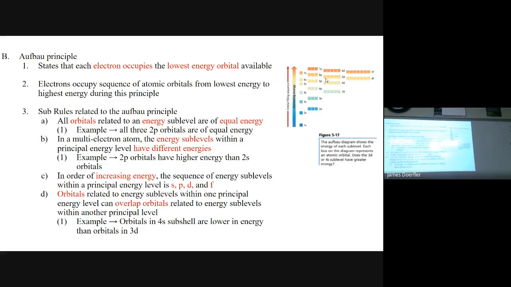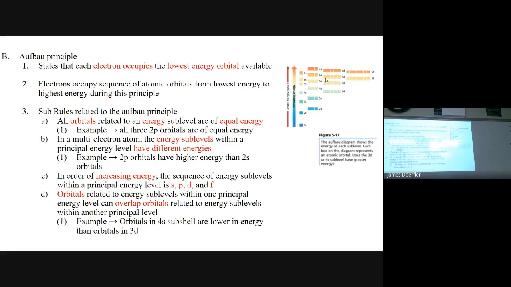For example, when we get into row 2, okay, where we have 2s and 2p, the 2p orbitals have higher energy than 2s. That's why when we did the electron configurations, we always listed the s first, because what we're essentially doing in the electron configuration is placing electrons in increasing order of energy.